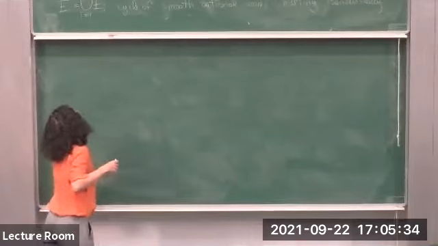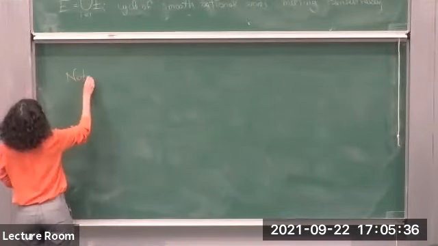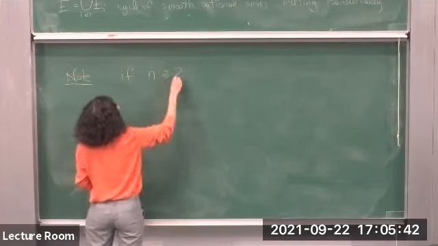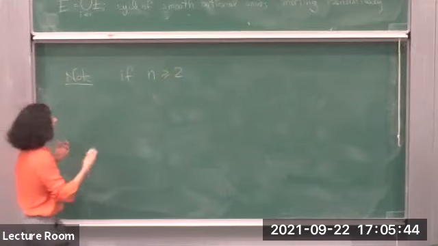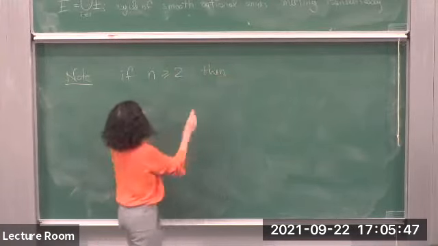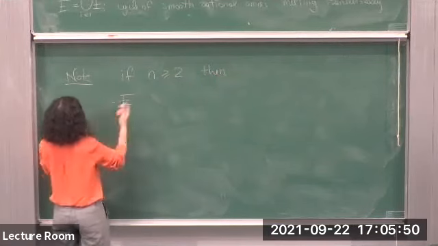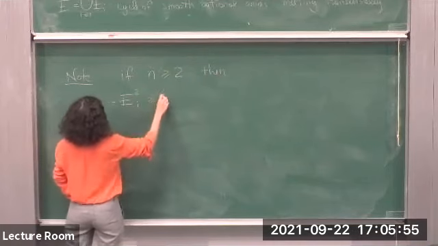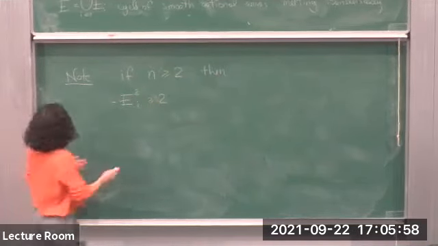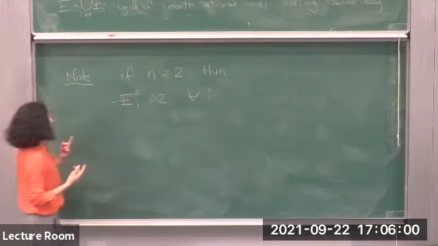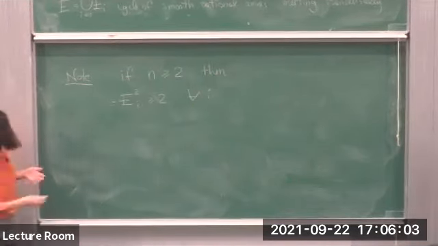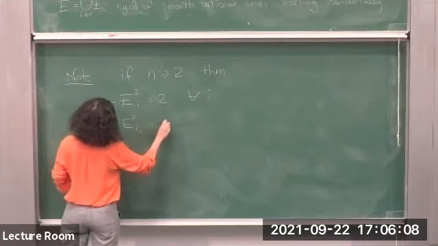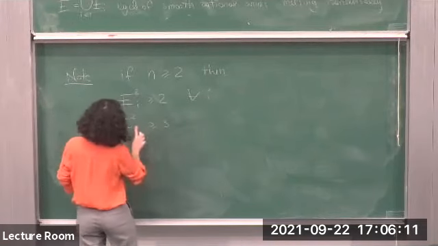If n is greater or equal to 2, the negatives of the self-intersections have to be greater or equal to 2 for each i, and at least one of them, say index j, has to be greater or equal to 3.